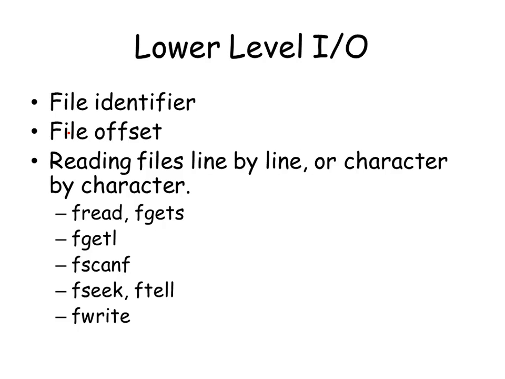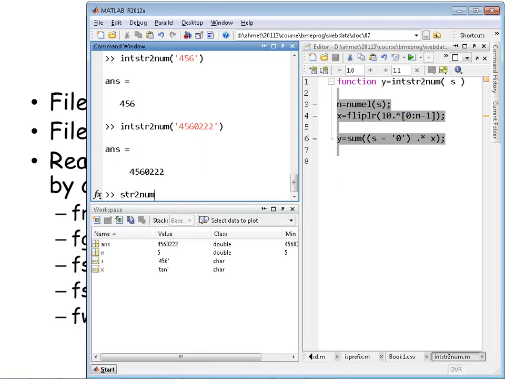So you will have a file name that identifies the location of that file on your computer. And then when you open that file in Matlab, you get a number that represents that file. All right? So let's do an example here.